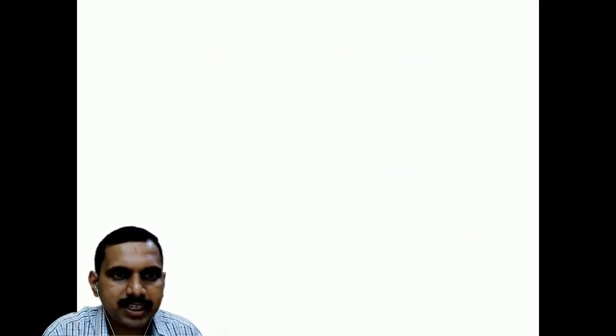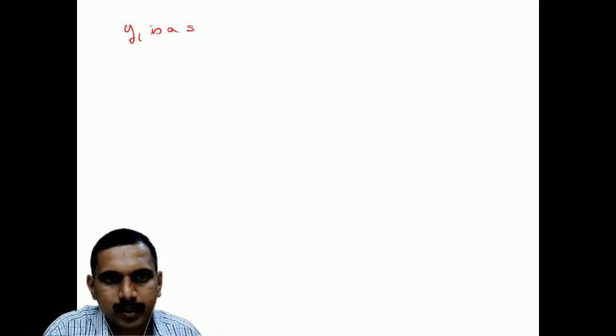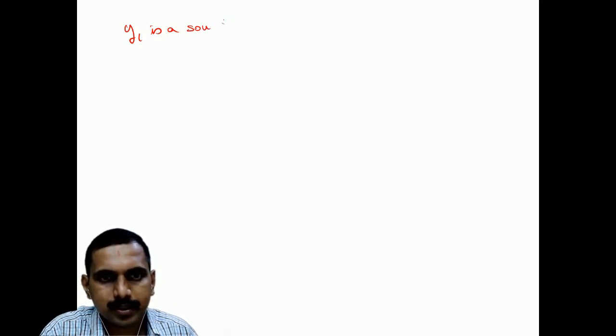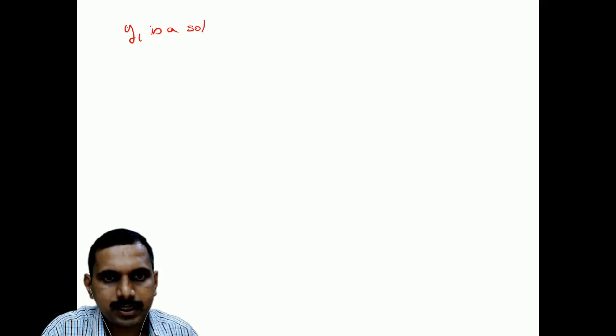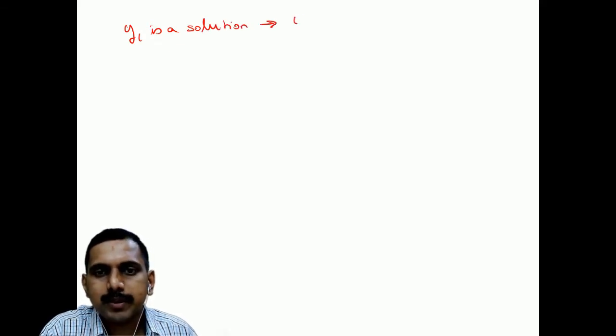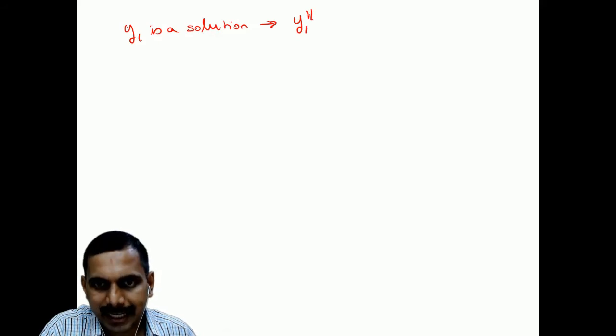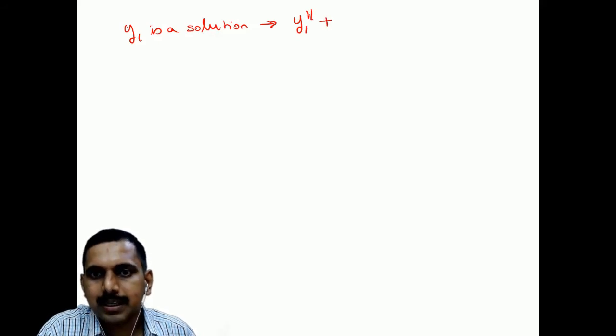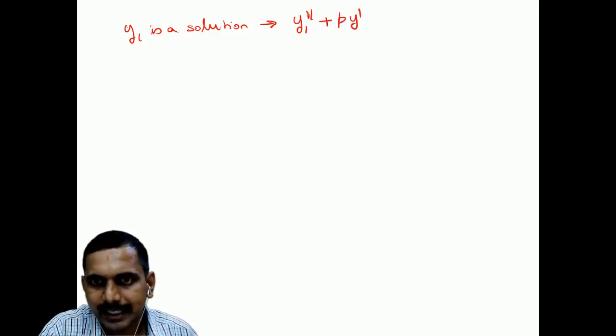Here we have said y1 is a solution. What does that mean? Since y1 is a solution, y1 double dash plus p y1 dash plus q y1 is equal to 0.